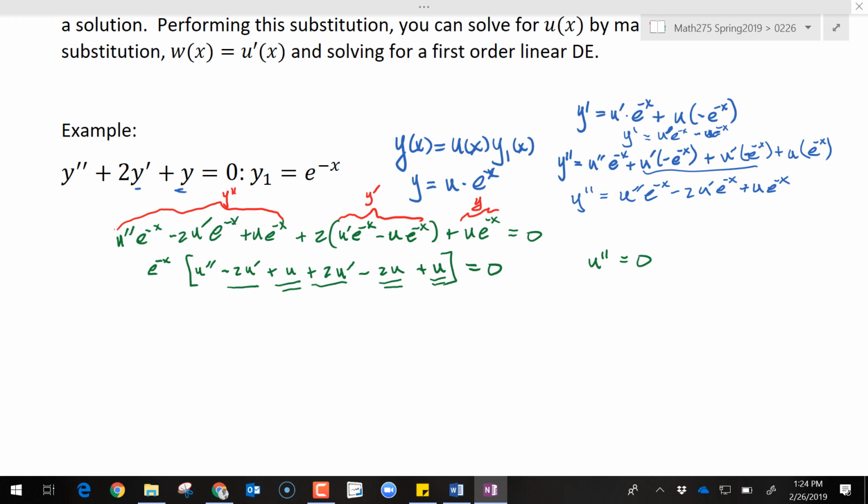Well, this is supposed to be a reduction of order because the idea was that we're supposed to let w equal u prime, but we kind of don't need that since this is a simple case. So w prime is equal to 0.